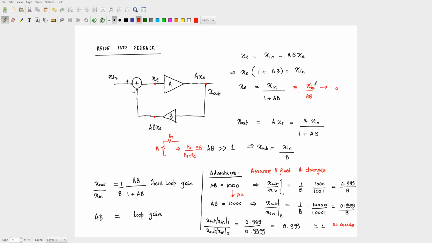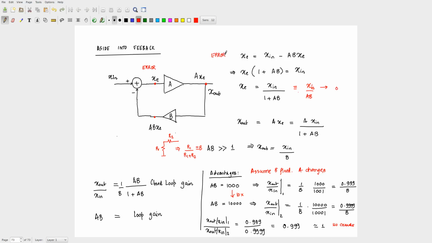When the feedback loop is operating, it is comparing X in and X out times B and ensuring that both of them are equal. When both are equal, XE tends to 0, and that's why XE is called the error signal.